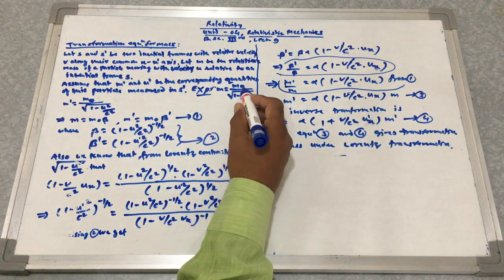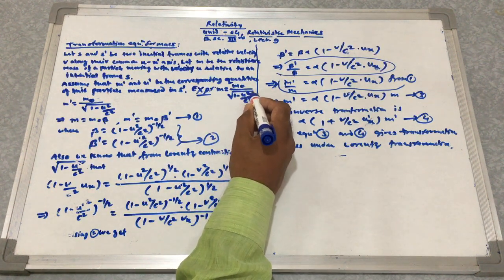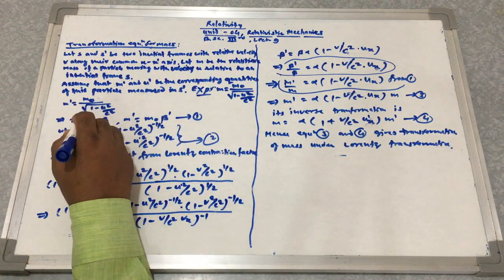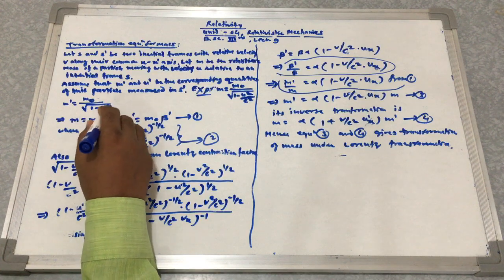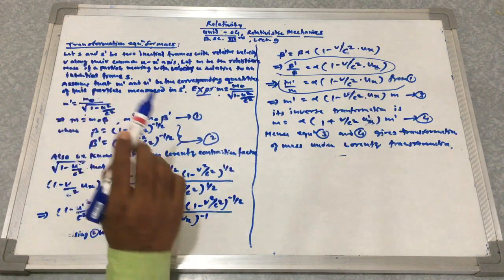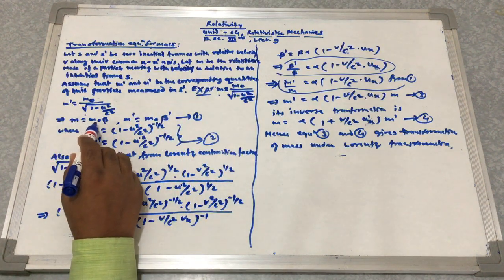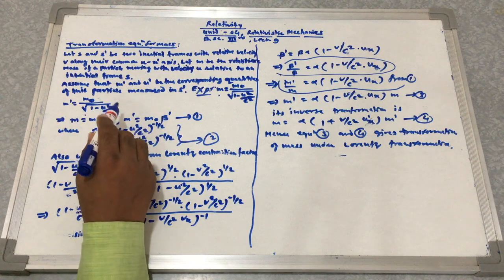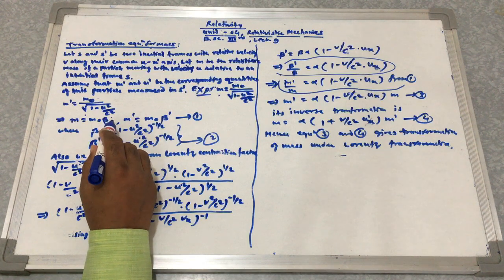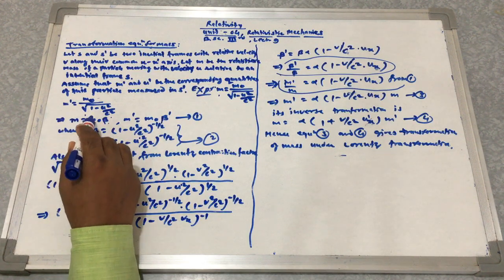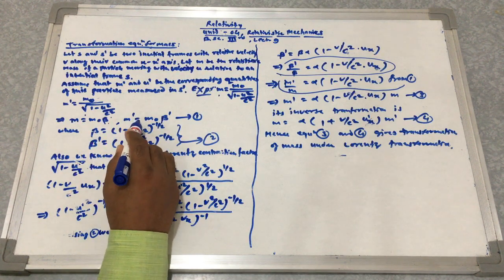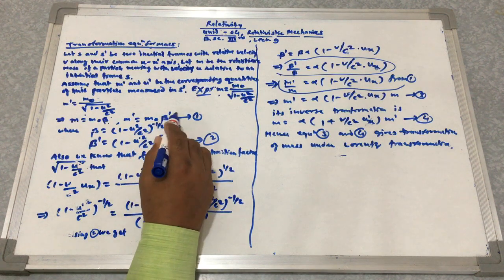So the expression: m is equal to m0 upon root of 1 minus u square upon c square, and m dash is equal to m0 upon root of 1 minus u dash square upon c square. We already got this m and m dash. Putting 1 upon root of 1 minus u square upon c square equal to beta, m is equal to m0 beta and m dash is equal to m0 beta dash.